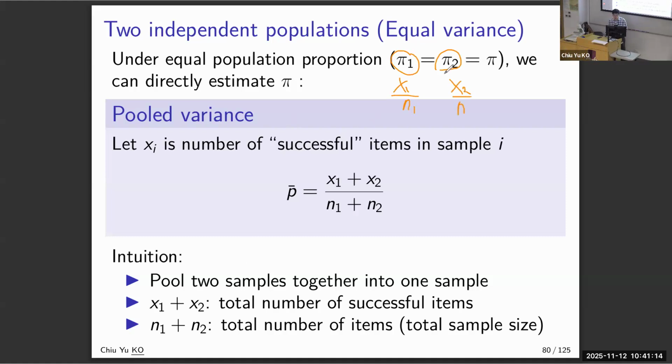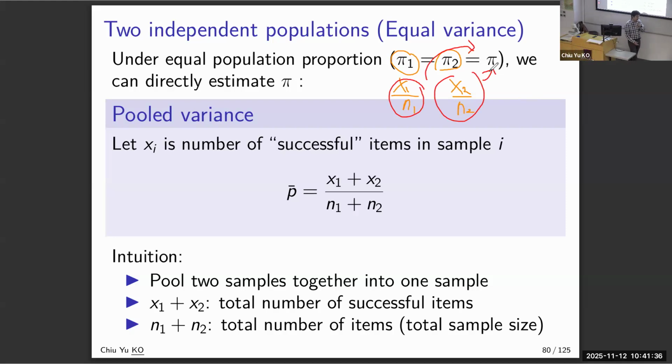So these 2 are unbiased estimates. But under the case that they're the same, actually you can do a better job. Both of them are unbiased estimators, just same as what we said, and they can be used to guess pi, no problem.